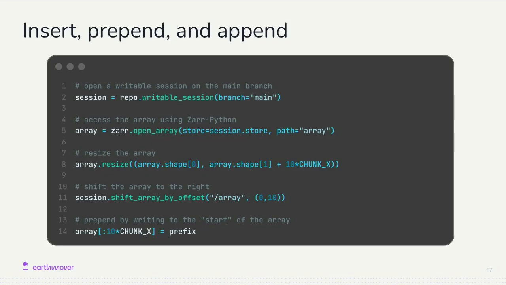And so what we've done in Icechunk is a manifest operation that allows you to first resize the array using Zarr. So this adds dimensionality. And then shift by an offset. So this slides the whole array over 10 chunks worth. And then you can write to it. And I didn't show the commit, but it's the same session.commit as before.